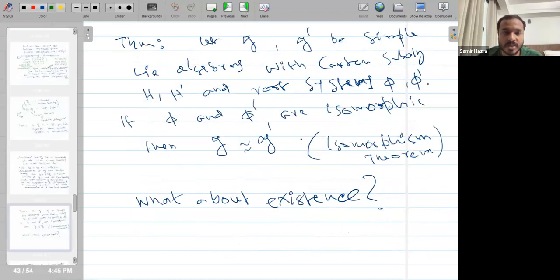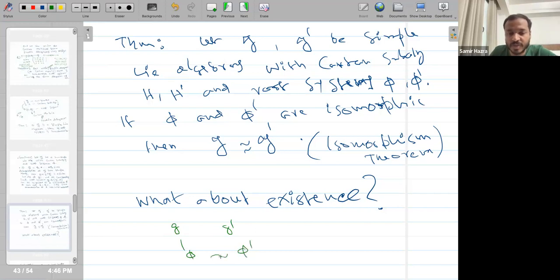So this theorem tells us that if G and G dash are simple algebras, with Cartan algebras H and H dash with root systems Phi and Phi dash, if Phi and Phi dash are isomorphic, then G and G dash are also isomorphic. This is called the isomorphism theorem. So basically, it says if you have two simple Lie algebras, G has a root system Phi, G dash has a root system Phi dash.